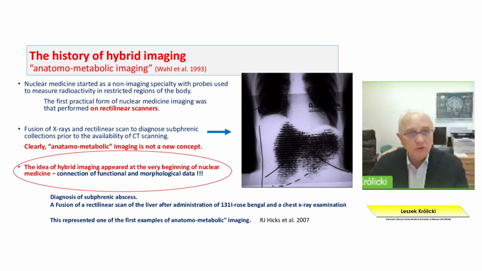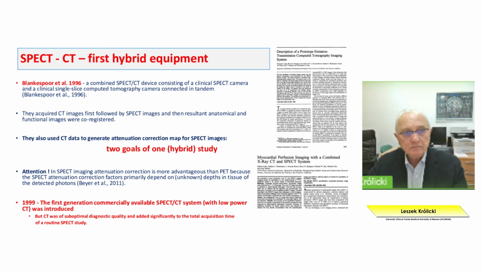So this idea was formulated in 1953. It was called anatomometabolic imaging. This term did not become very popular, and we seldom use it in its original version. However, the idea is still alive.